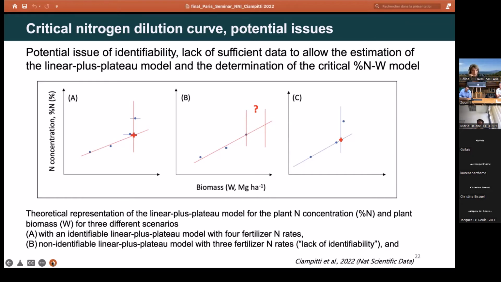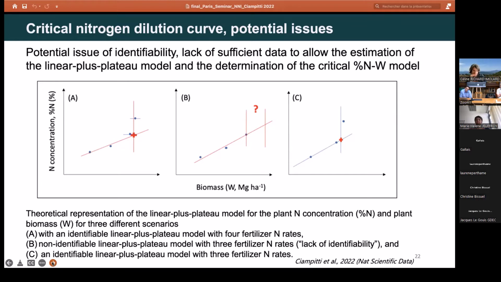In case B, we cannot identify the plateau too well because we only have 3 fertilizer rates, and you see that the concentration is increasing with biomass. And then the last one, we are not sure exactly because it's unidentified, but in this case it is with a minimum of 3 fertilizer rates. So in many situations, 3 fertilizer rates seems to be the minimum, and we will discuss that at the end of the presentation.